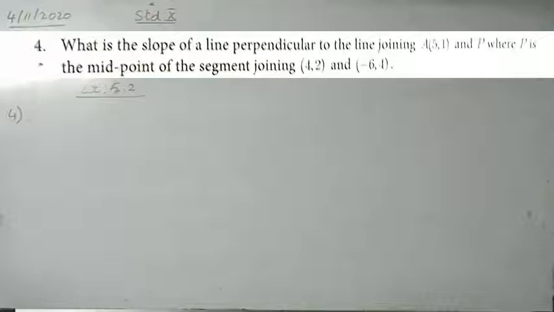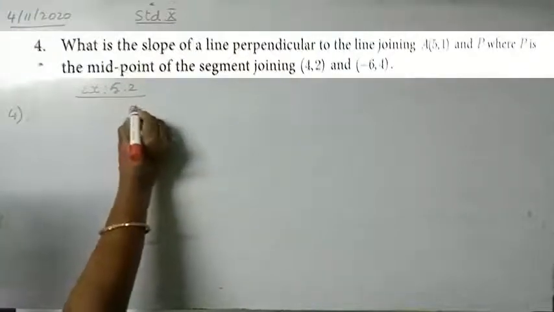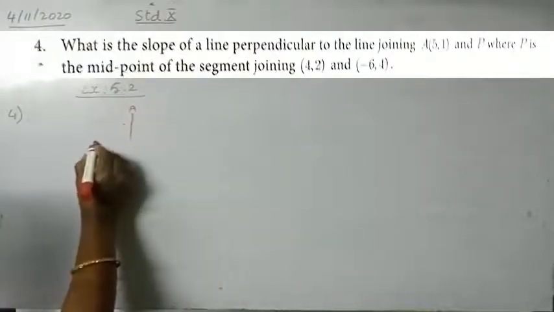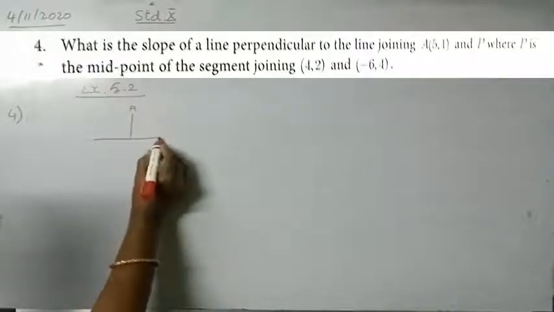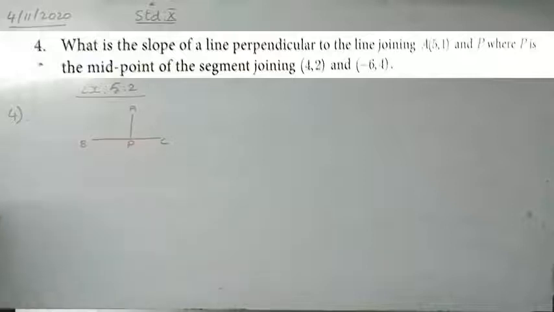What is the slope of a line perpendicular to the line joining A and P? Now take this as A. A is a point, and P is the midpoint of the line joining. Take this as BC and this is P. So B is a point.